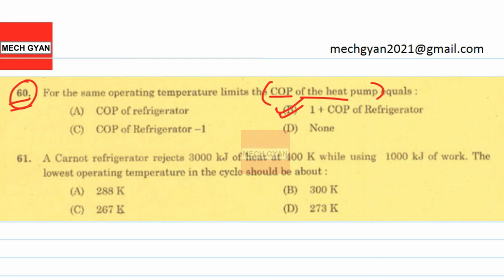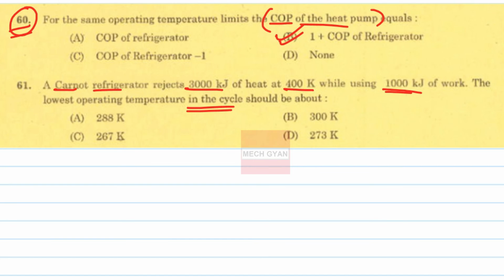61. A Carnot refrigerator rejects 3000 kilojoules of heat at 400 Kelvin while using 1000 kilojoules of work. The lowest operating temperature in the cycle we have to find out. So we'll quickly draw a representative diagram. We have a refrigerator operating between sink and surroundings.